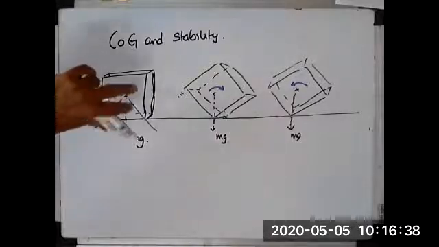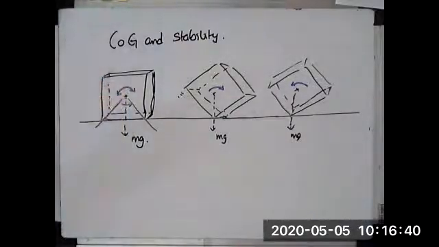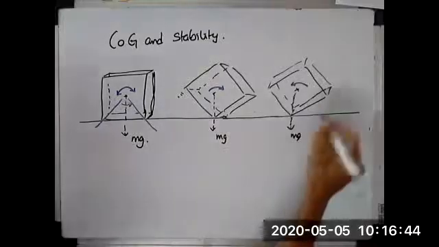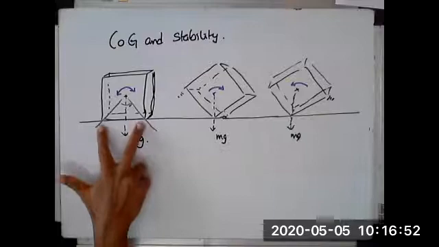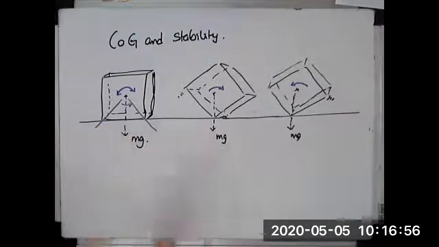If you tip it to an angle within this and then you let it go, the object will fall back into the base. So it's stable within the base. The moment you tilt it in such a way that the weight of the object, that is the gravitational force acting on it, goes beyond the base, then the object will tip over.